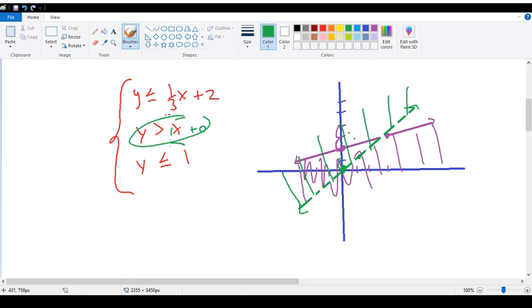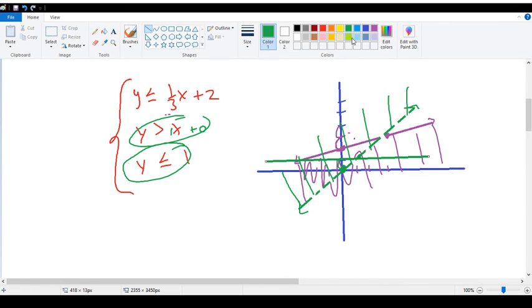And the last one is, well, it's just y is less than or equal to 1. So there's no x here, it's just a number. So we know it's going to be a horizontal line right at 1. Let's bring this down just a bit. Right at 1, right there.